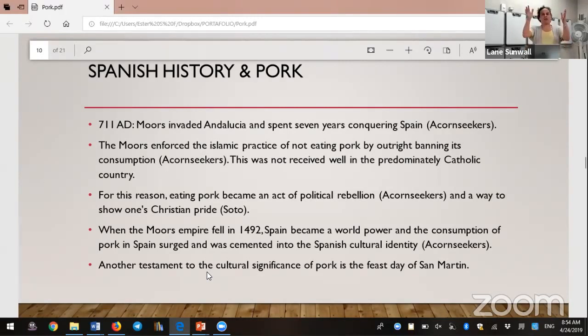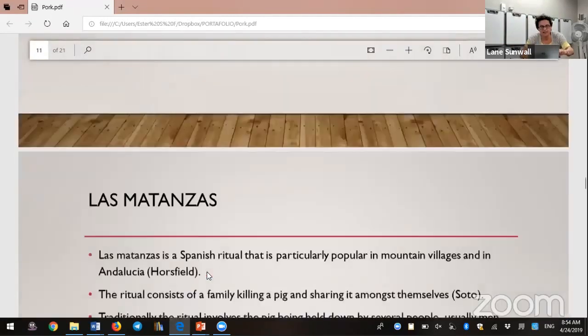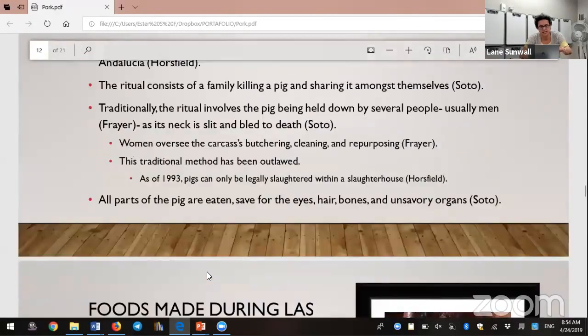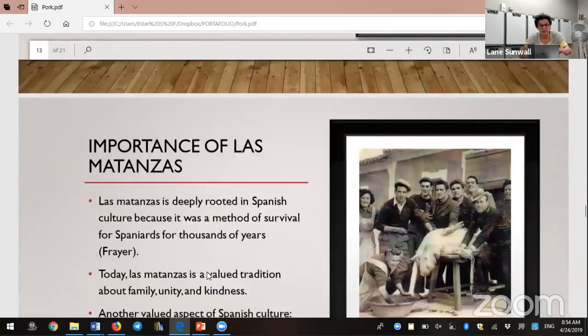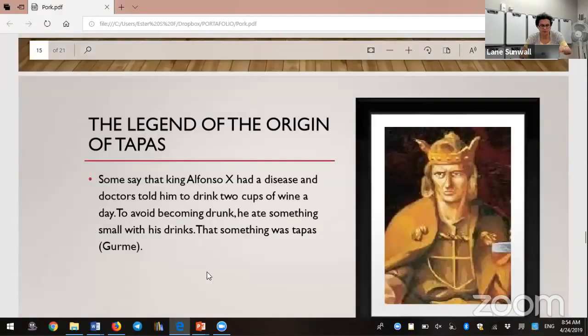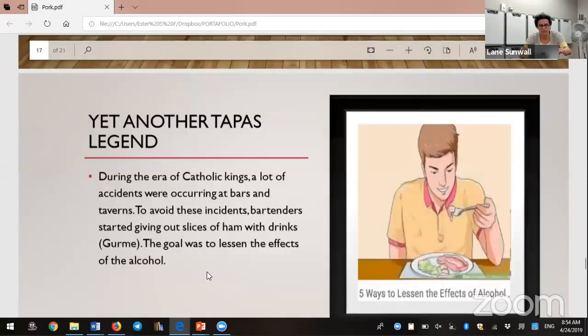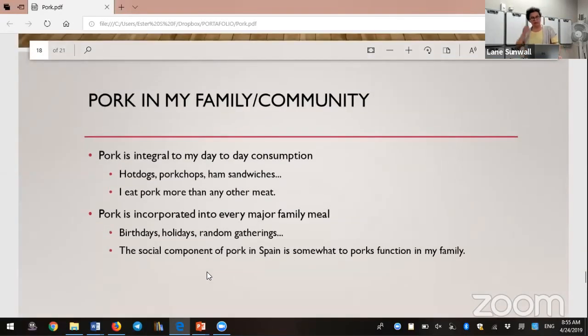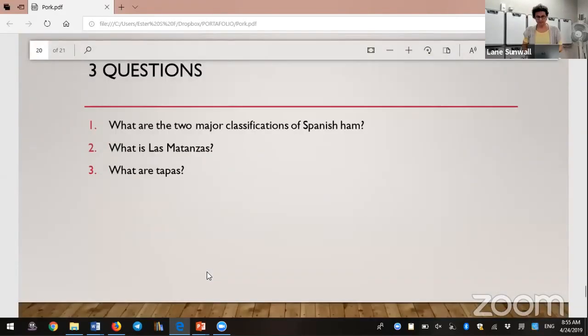Pork was a big issue for Christians because the other two faiths would not eat it. So she addressed a lot of very good things, and then the traditional killing of the pig, which is not exactly done the same way. She was really good, see? And she even addressed the tapas because the ham shows up in the tapas all the time. She addressed a lot of stuff and compared it to how it's important for her in her family and her community. And then she had her questions.